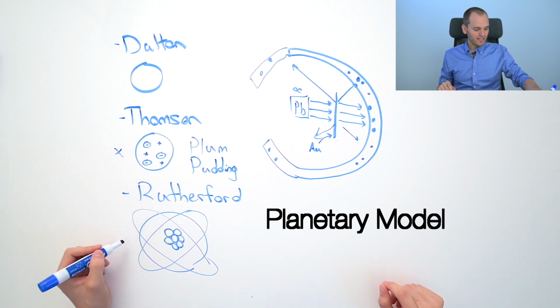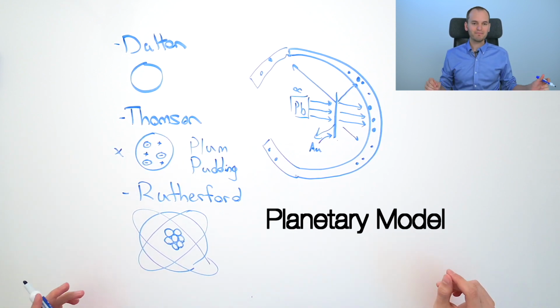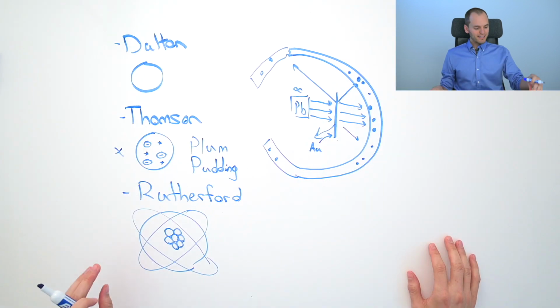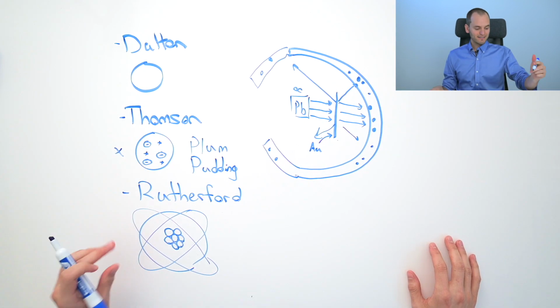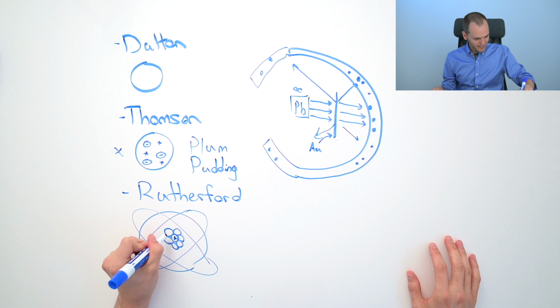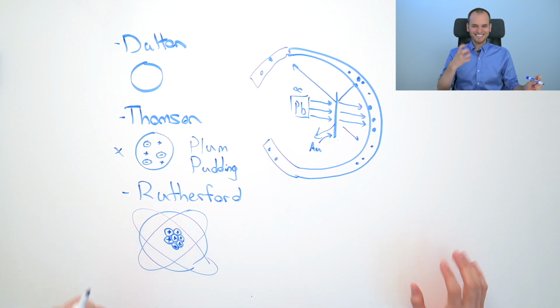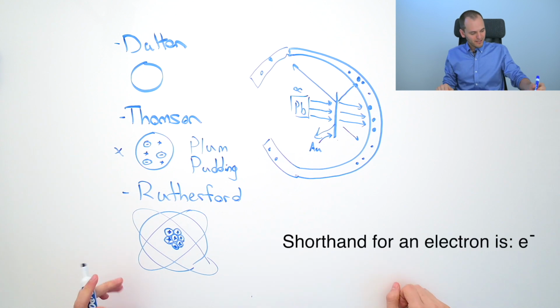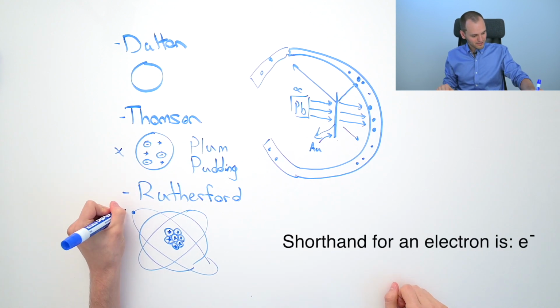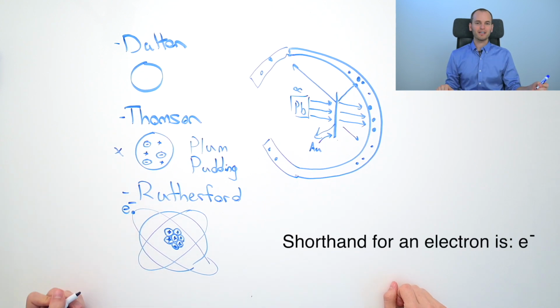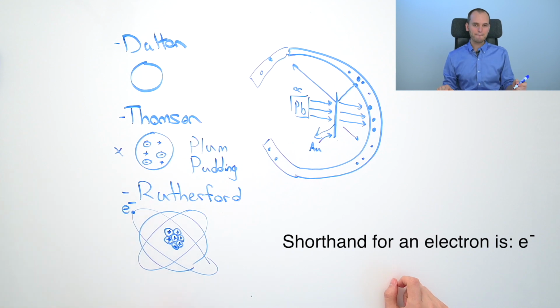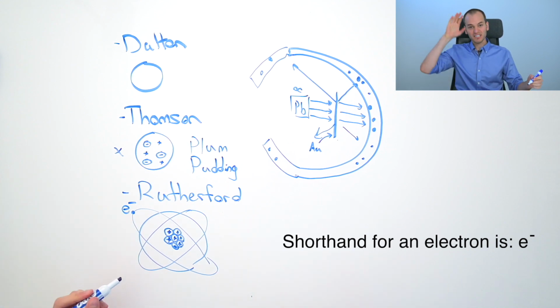Now, from this diagram to this diagram, pretty big change. The difference is that all the positive area is in the center of the atom. The shorthand for electrons is e minus.